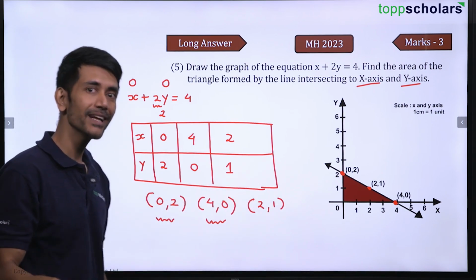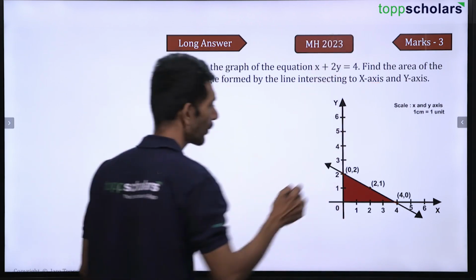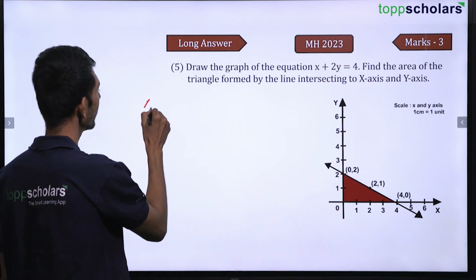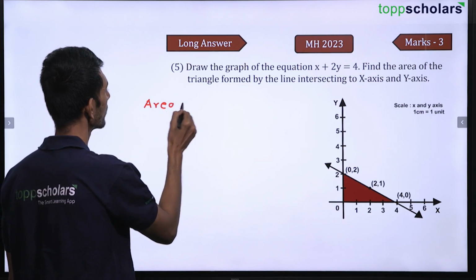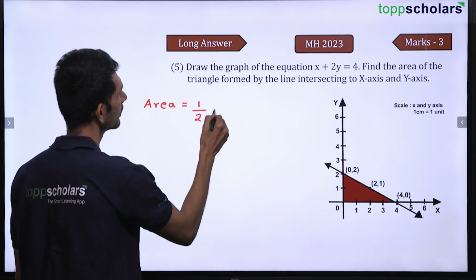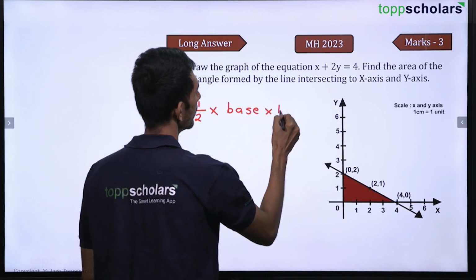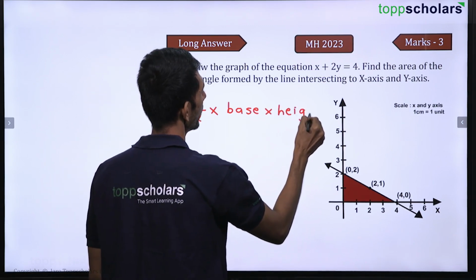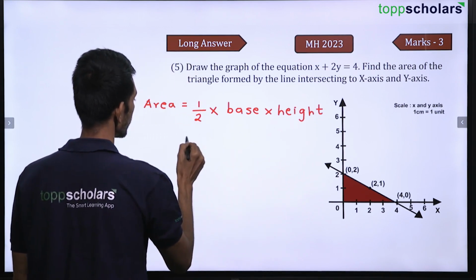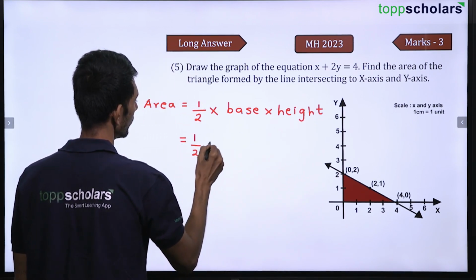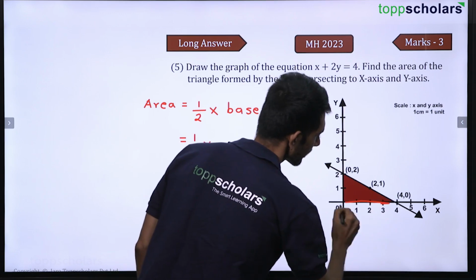We are supposed to find out the area of the triangle as well, right? So what is the area of the triangle? Area of the triangle is given by half into base into height, right? That is equal to half into, this is the base.